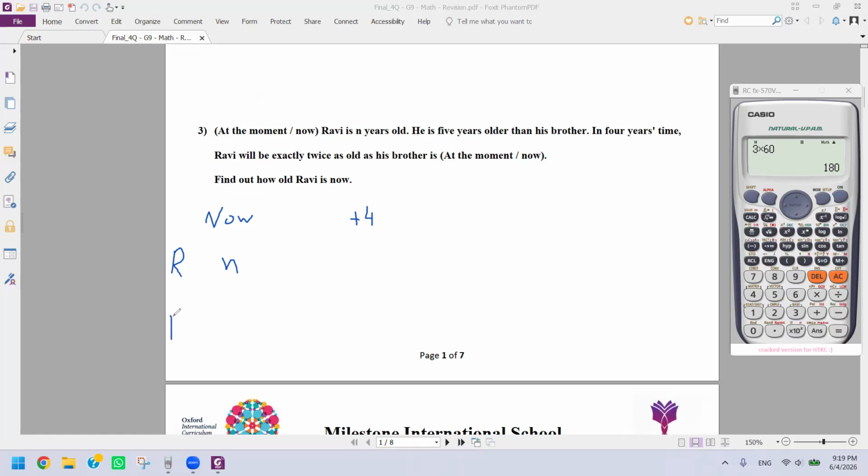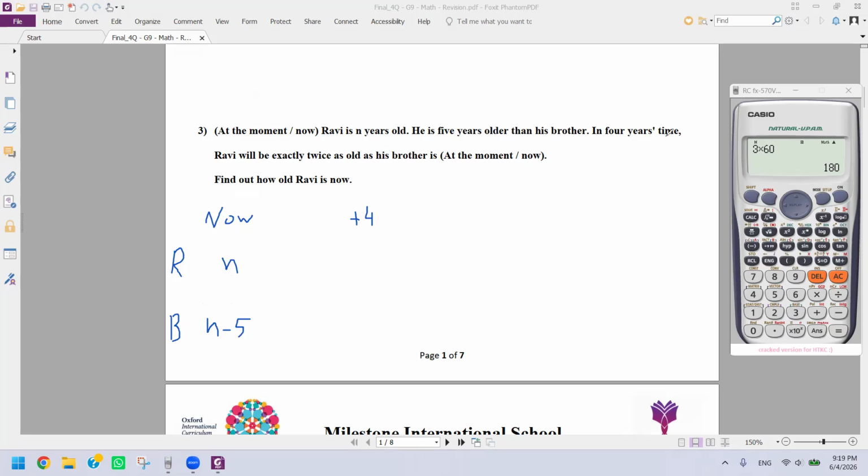So I need to write an expression for his brother in terms of Ravi. So if Ravi is N and Ravi is 5 years older than his brother, it means his brother is younger than him by 5 years. So his brother should be N minus 5.